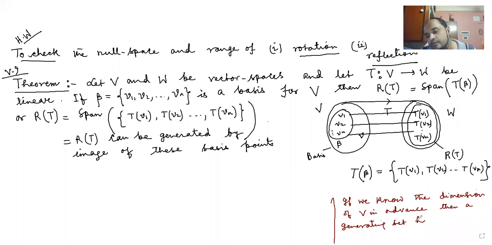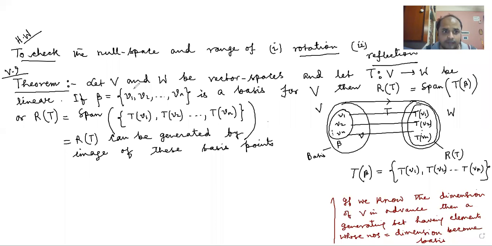I'm just talking about an arbitrary V and arbitrary W, whose dimensions are not known to me, so I cannot say that this is a basis. I'm going to show that this is a spanning set only.